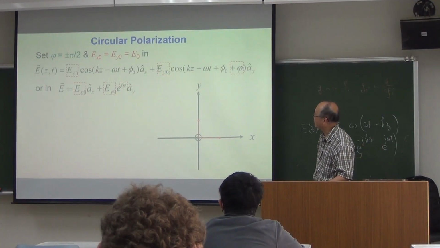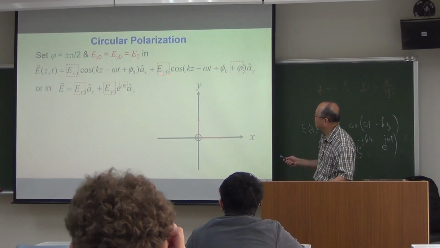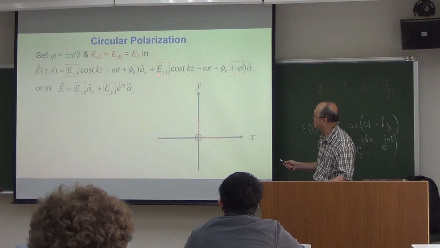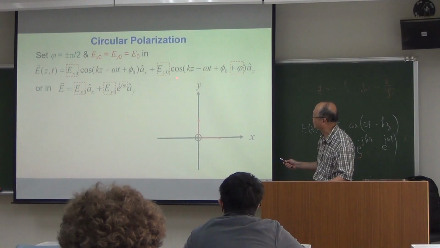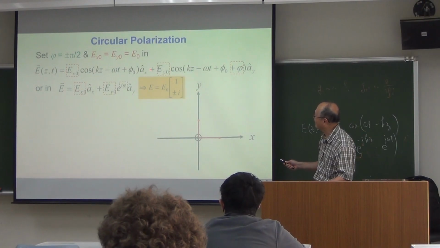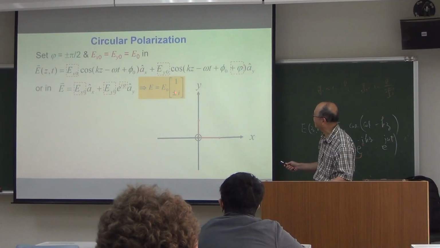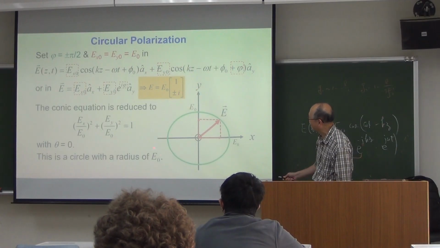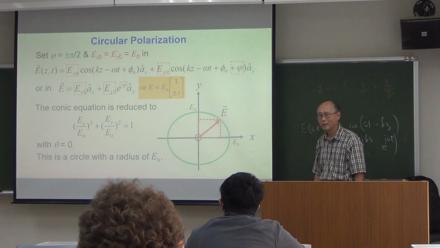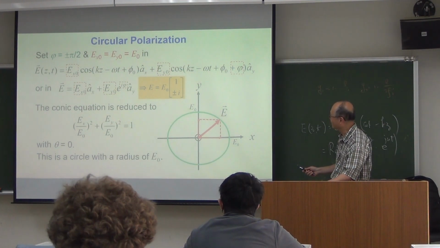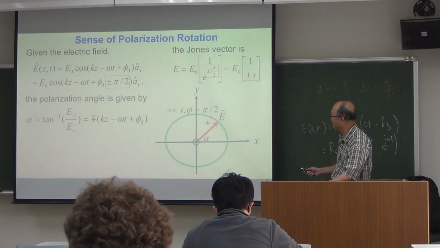Circular polarization is when you set an additional condition that these two magnitudes are the same. The amplitudes of the x and y components are the same, and you also keep the plus or minus 90 degree phase difference. Then you end up with a circular polarization. Again, this plus minus sign determines the sense of rotation.